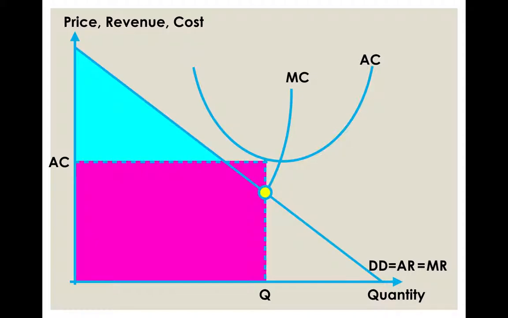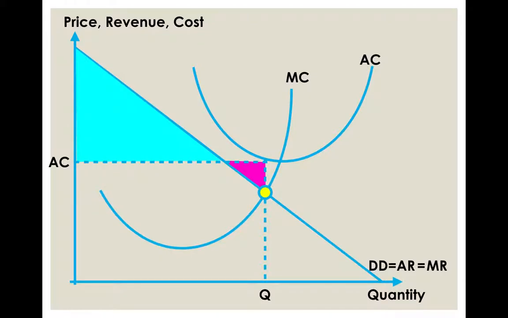Now, if we compare the total revenue with the total cost, it's pretty clear that the total revenue exceeds total cost, because if we take the common overlapping area away, the remaining blue area is much larger as compared to the remaining pink area. So for a first degree price discriminating firm, this firm will be producing this good because it can still make some profits from producing this good.